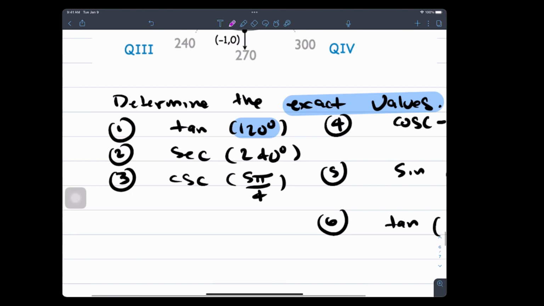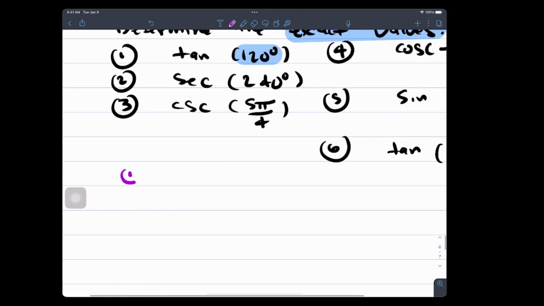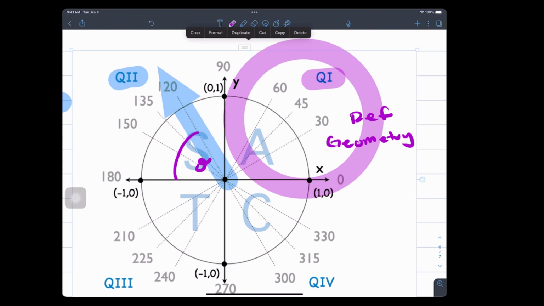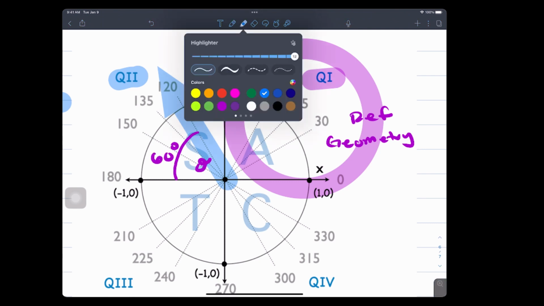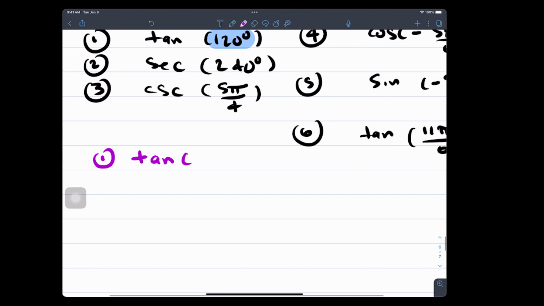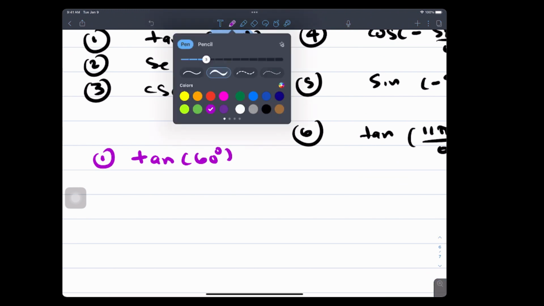Because really, number one, you really want tangent of the reference angle. But how do you get the reference angle for quadrant 2? Do you guys know what the reference angle is? It's 180 minus 120, which is going to be what? This is 60 degrees. So remember, in quadrant 2, you get this reference angle.